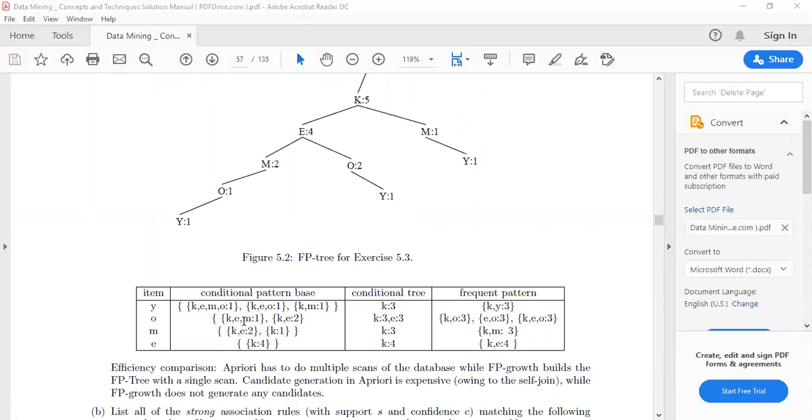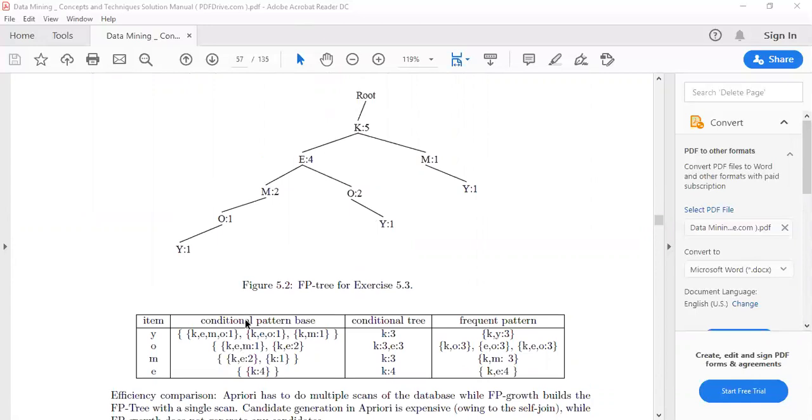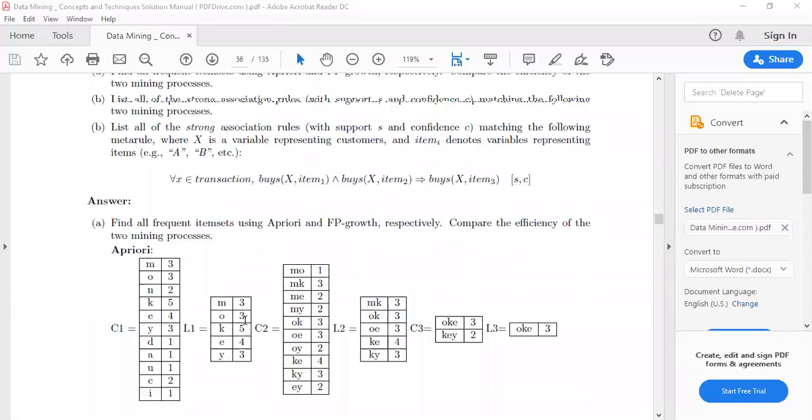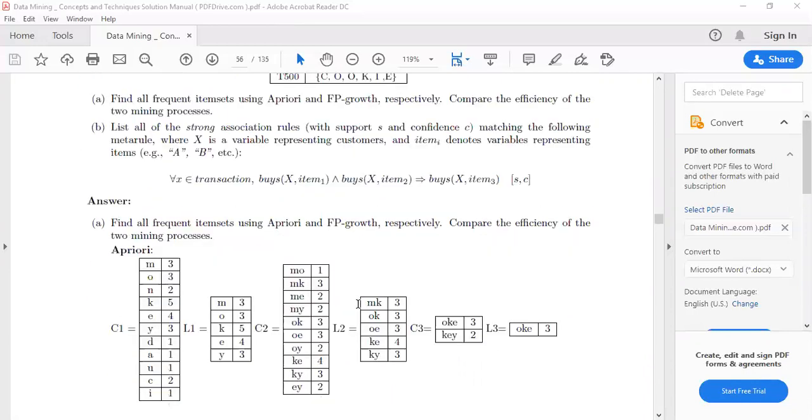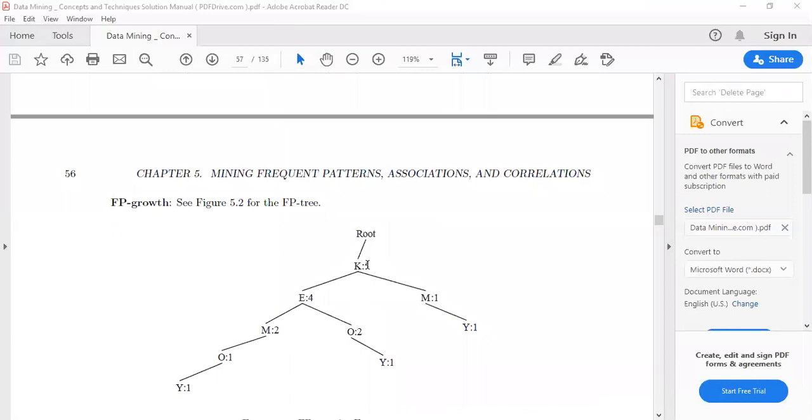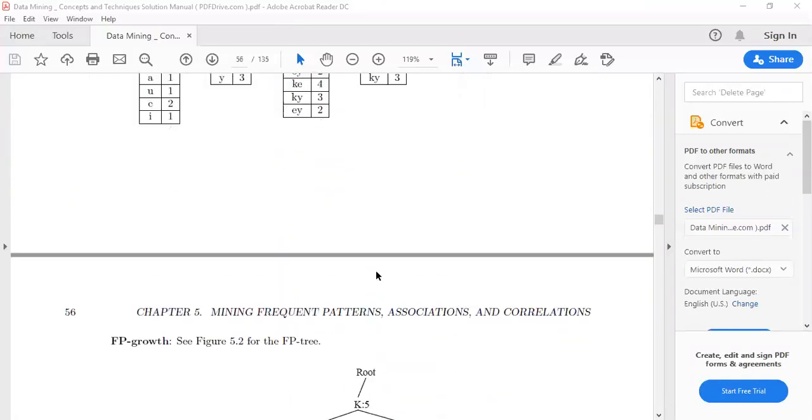In that way, you have to find out the link over here. If you see here, K is occurring at 1, 2, 3, 4 and 5. So K will have the largest value. So in the descending order, K will come first.